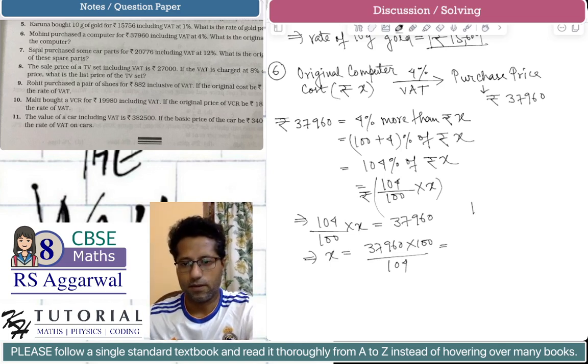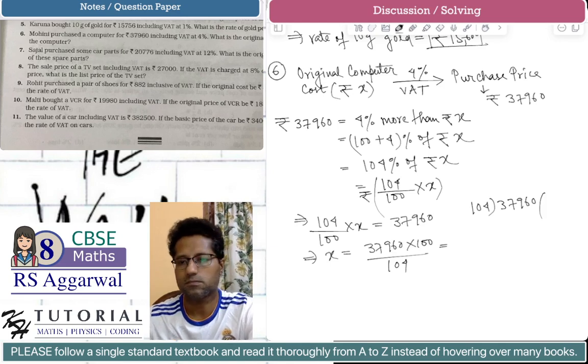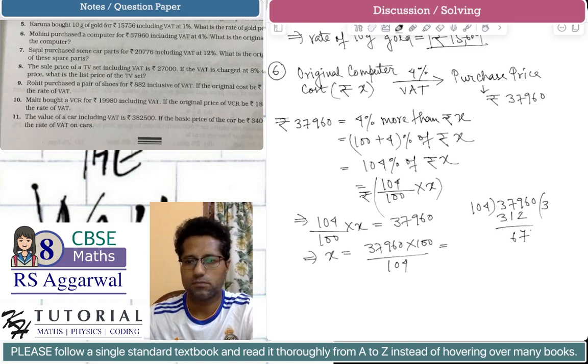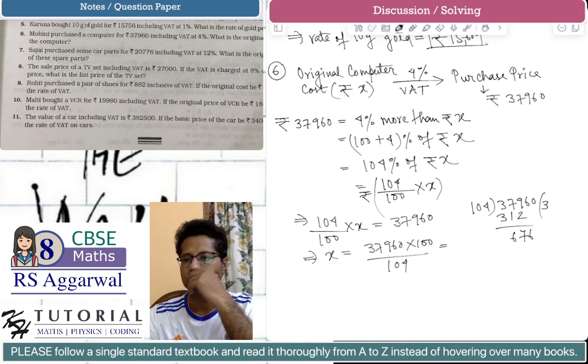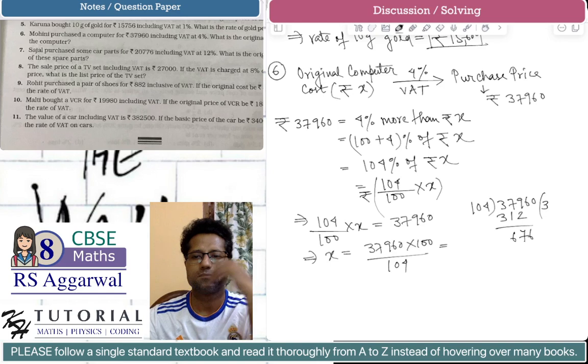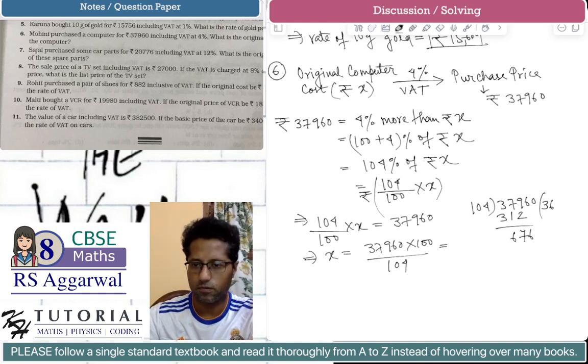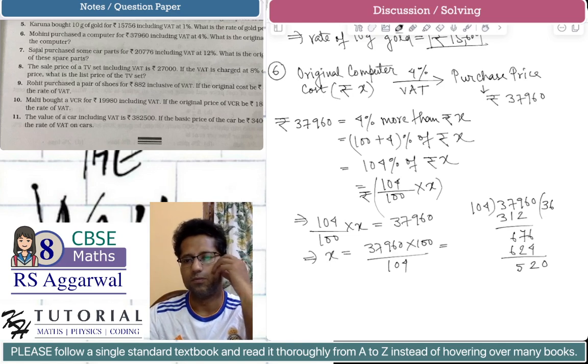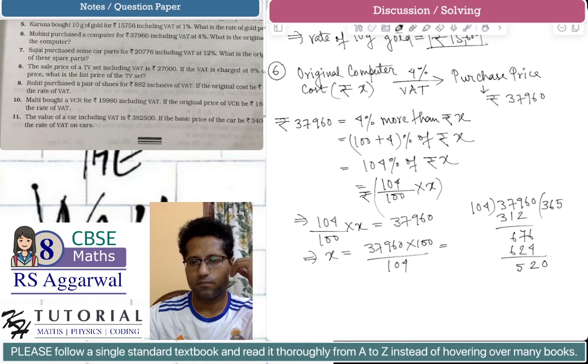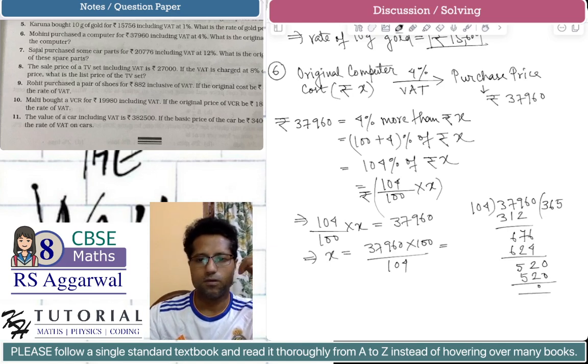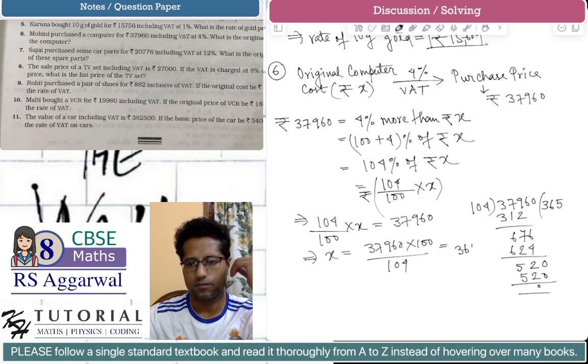I hope 104 will divide 37,960. Dividing, we get 365. So this is equal to 36,500.